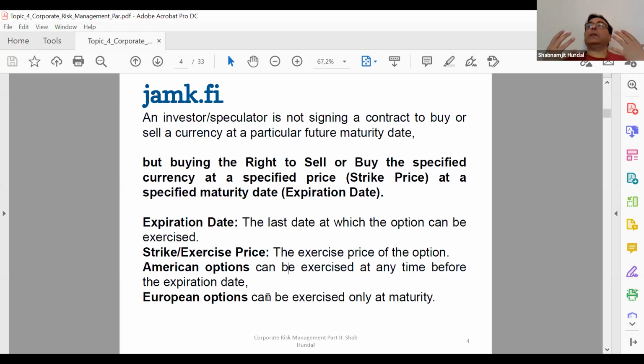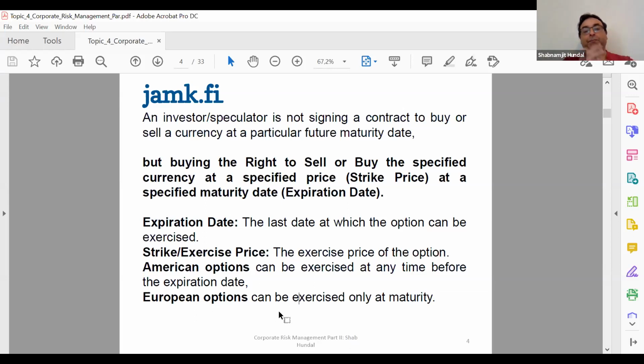So it's more like futures, because if you remember, in futures also you can take an action at any point of time. Whereas European options are more like forwards, rigid. You can only exercise the option or not exercise the option, and this decision you only make at the maturity time. So you can never decide before the expiration date whether you will be exercising the option or not.